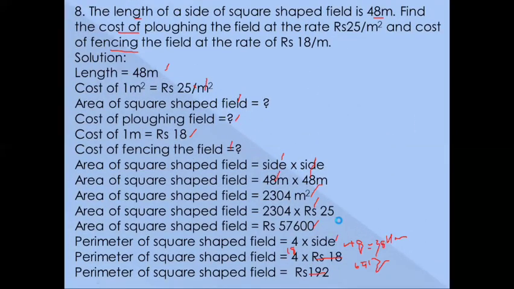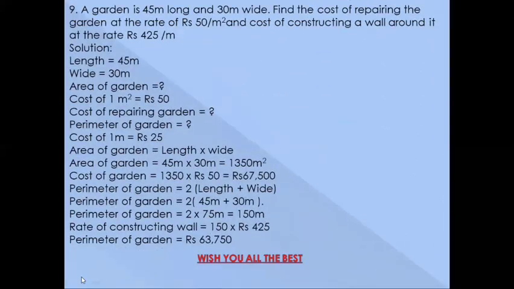Now I have to do it. First of all, we are given here 45 long. This is the length. This is the width, and repairing is per square meter. Here is the length, here is the width, the area of the garden, the per square meter cost, the cost of repairing. Here find the perimeter of the garden, then this value will be used here.